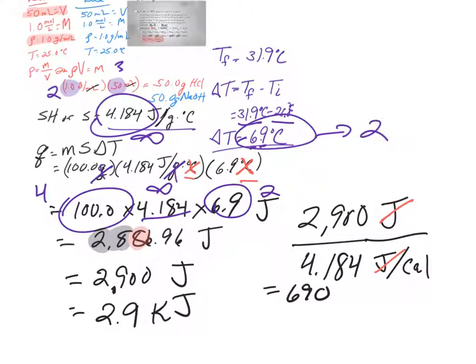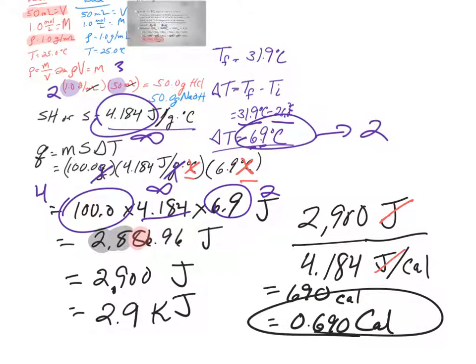I should fix this because I was making a mistake: it's not an uppercase C calorie, it's a lowercase c calorie, which means it's 0.690 uppercase C Calories. And that's how you do that problem.